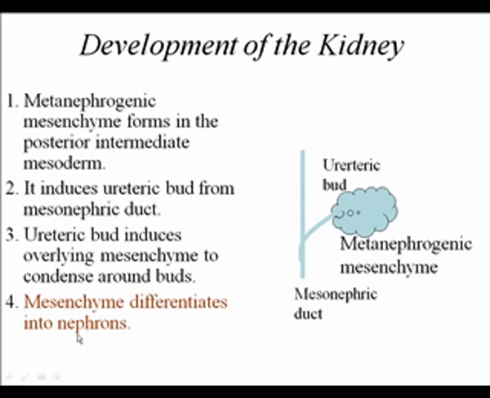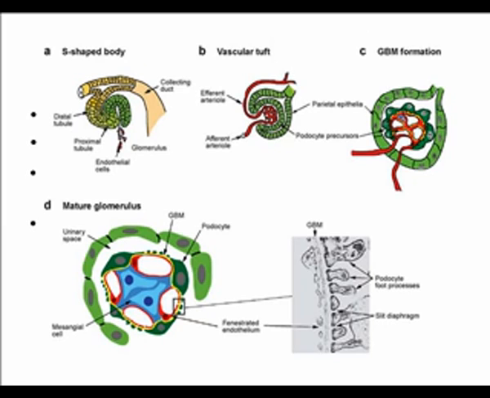The mesenchyme then is going to differentiate into nephrons. And what we can see here is first an S-shaped tubule is going to form, and is then going to form around some endothelial cells that will migrate in, and it will differentiate into the nephron.